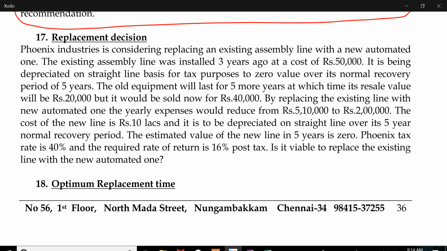Now let's first discuss whether we have to do a working or we can write it separately. What will be the sale value of this assembly line today? 40,000. What will be the book value?